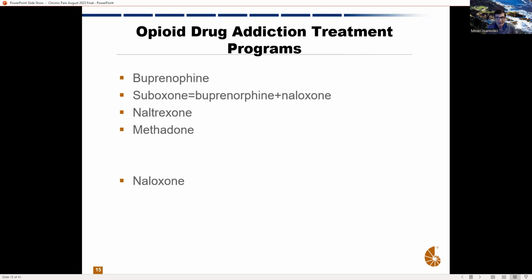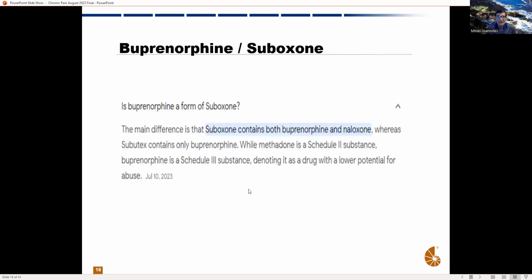Naloxone is completely different, but it is part of Suboxone, so that's why I'm also mentioning it on this page. So Suboxone contains both buprenorphine and naloxone, and it is used, as I said, in people that may have had a problem with opioid addiction in the past.